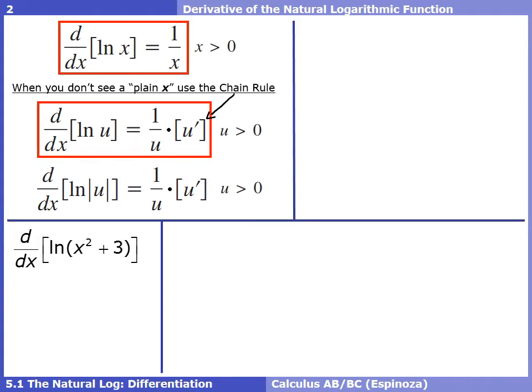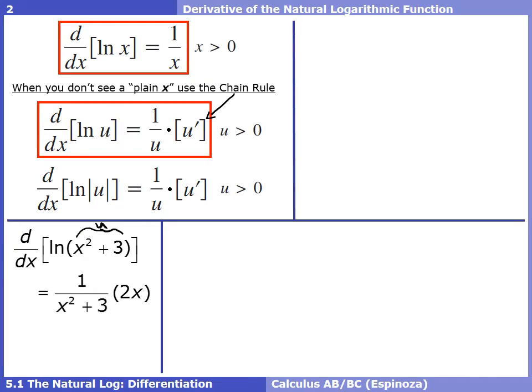In this case, our u is equal to x squared plus 3. So the derivative would be equal to 1 over x squared plus 3. But just don't make the little mistake of forgetting to multiply by u prime. The derivative of u, the derivative of x squared plus 3, is just 2x.